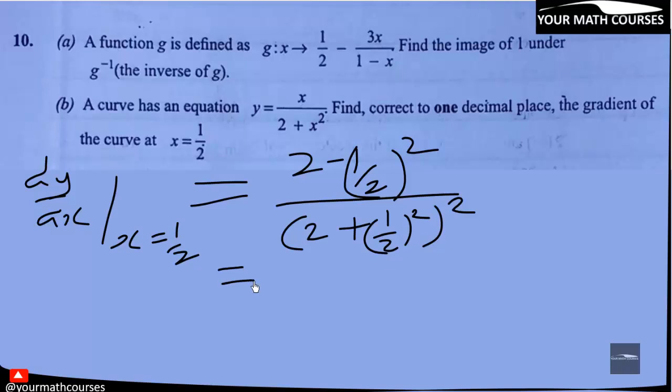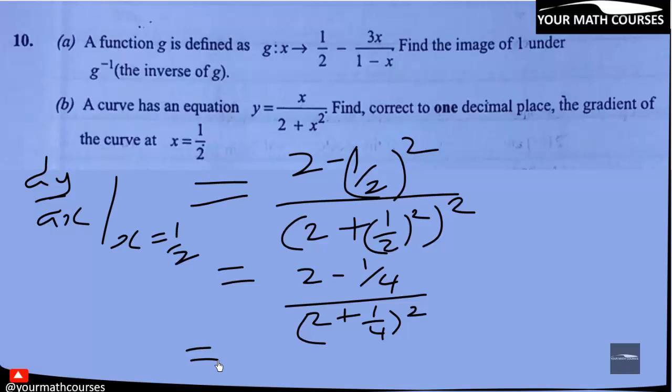So this will simplify to 2 minus 1 over 4 all over (2 plus 1 over 4) all squared. And this will give us 2 minus 1 over 4 give us 7 over 4 over (9 over 4) squared.